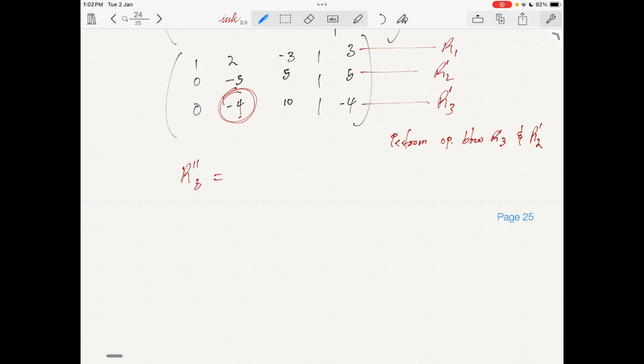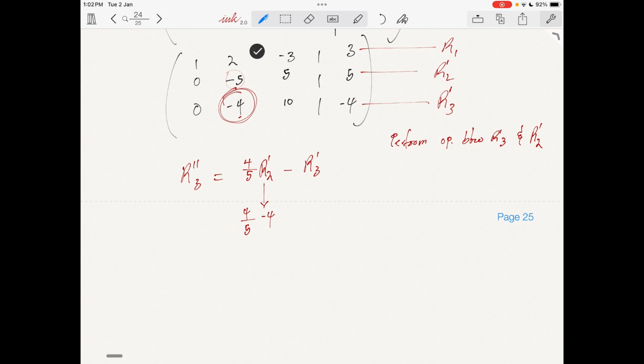Simple algebra. Now I can subtract 4 over 5 row 2 minus row 3, such that when this one is minus 4, that will give me 4 over 5. And my root 3, so my root 2 here is minus 5.